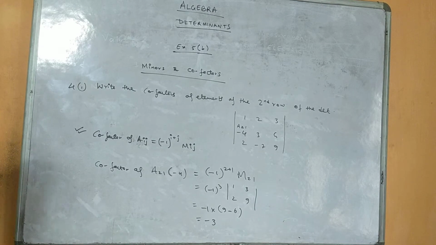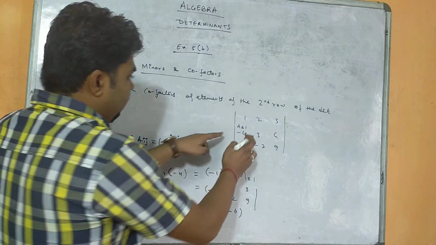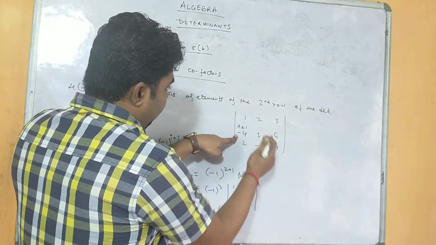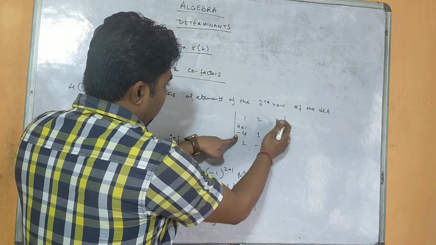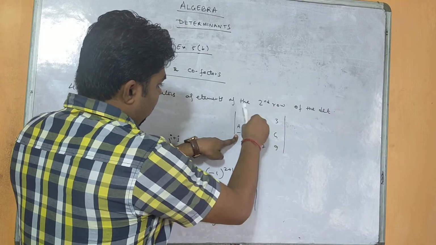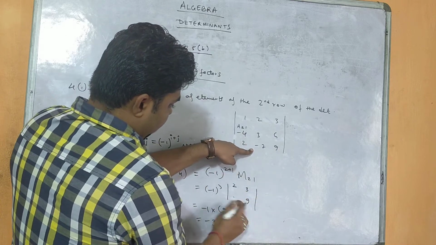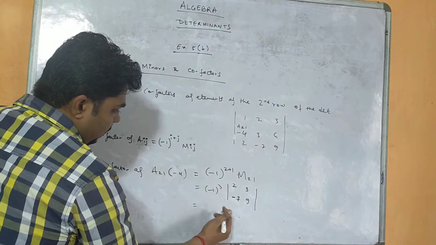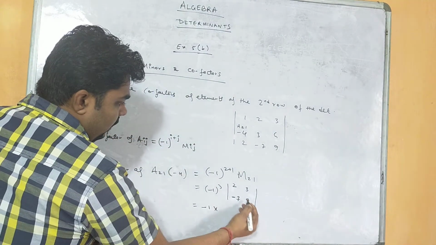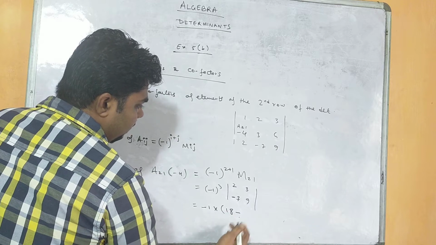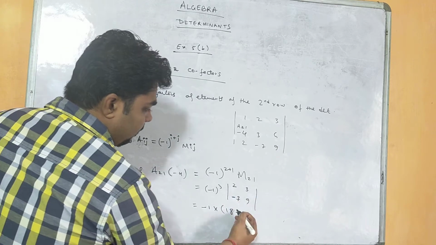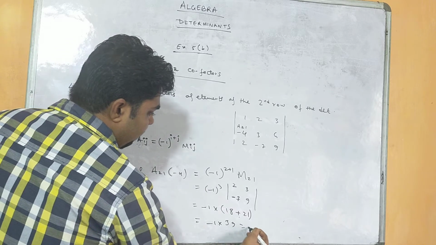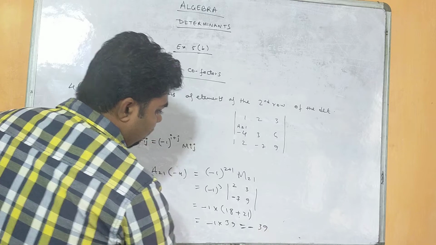One thing to note here: when I am finding the minor for minus 4, you hide the corresponding column and corresponding row. If you get 2 3, 2 3, minus 7 9, and solve it, that is minus 1 times 9 times 2 is 18, minus minus 7 times 3 is 21, that is plus 21, so minus 1 times 39, that is minus 39, which is wrong.